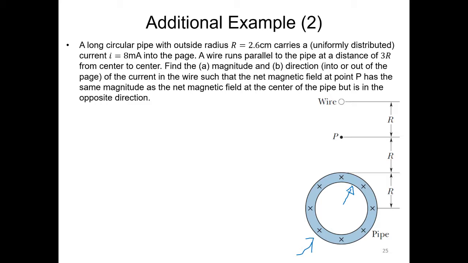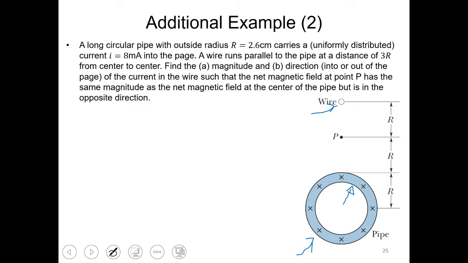A wire runs parallel to the pipe, which means this one, at a distance of 3R from center to center. Find the magnitude and direction of the current in the wire such that the net magnetic field at point P has the same magnitude as the net magnetic field at the center of the pipe, but in the opposite direction.